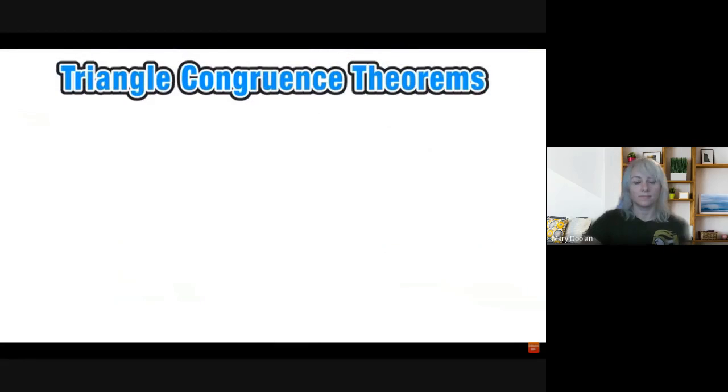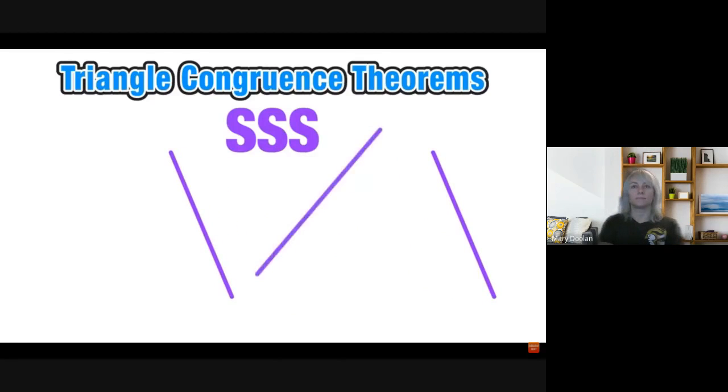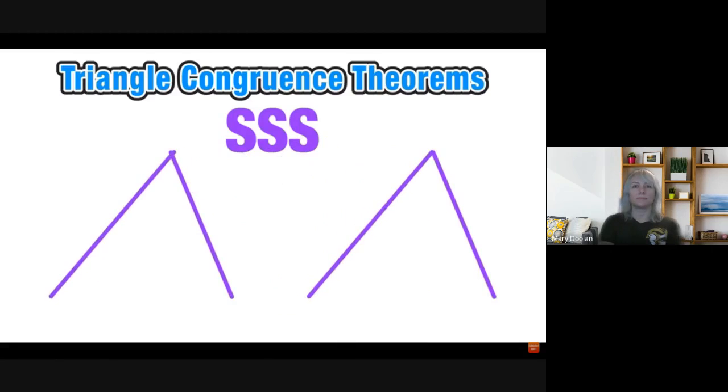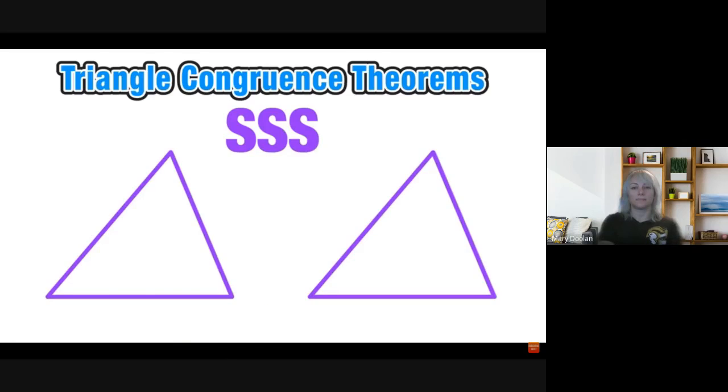Now the side-side-side triangle congruence theorem states that if in two triangles we have 3 pairs of corresponding sides that are congruent to each other, that means that they have the same length, then that's enough information to say that the triangles are congruent to each other. Which again just means that both triangles are exactly the same size and shape.